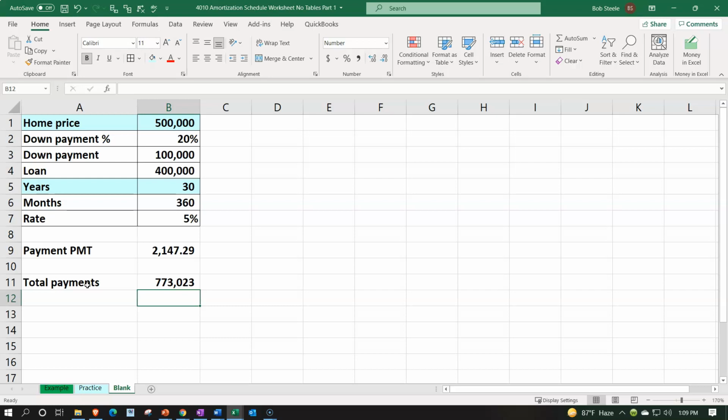So total payments over 30 years would be the 773,023, and that would mean that the total interest would then be equal to the total payments we're going to make minus the loan, which was $400,000. So over the life of this thing, 30 years, we've got total interest we'd pay of the 373,023.